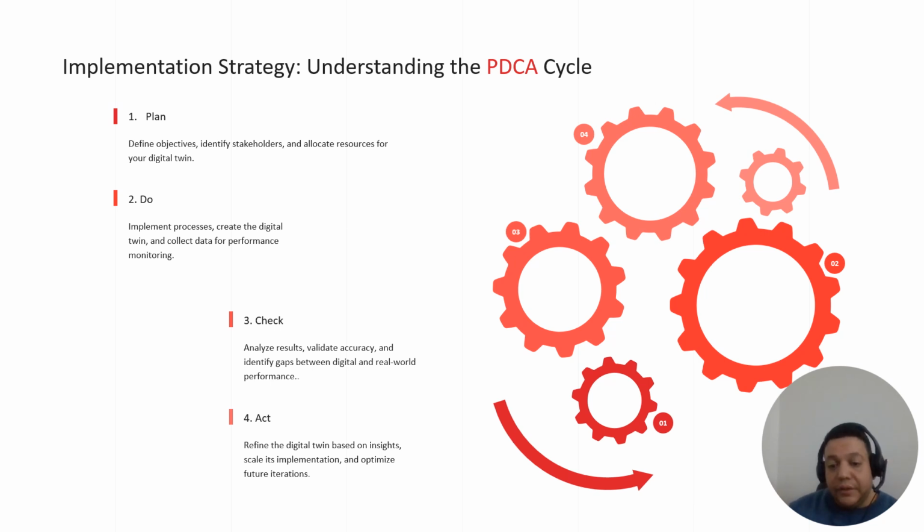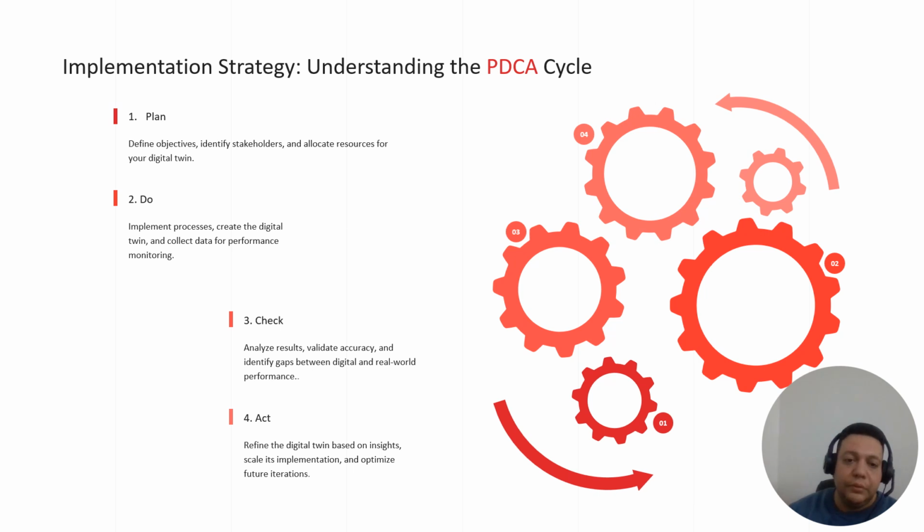What is our target from the digital twin? Why do we need it? We will not bring it just because somebody brought it or somebody is trying to do it. It's not the case. And define our resources, the quality of these resources, how we will assign them and how many resources will be assigned.